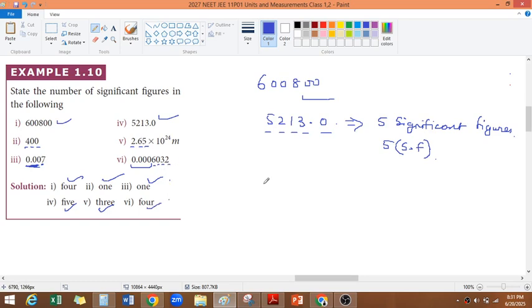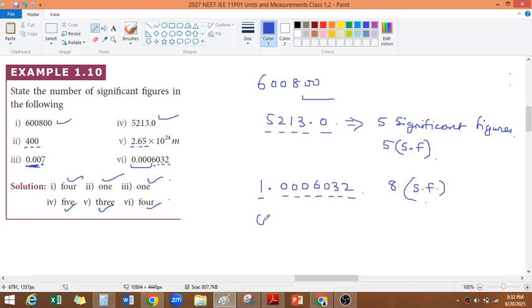But if I had given the same problem as 1.0006032, since you have 1 instead of 0, then all these are significant: 1, 2, 3, 4, 5, 6, 7, 8. So this will be considered as 8 significant figures.